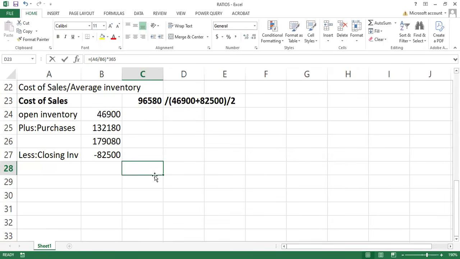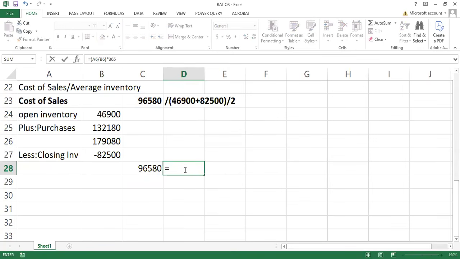Let us do it here nicely. I can just take this amount as it is and put it here. Now, let us calculate this one alone. So I'm going to say is equal to 46,900 plus 82,500.